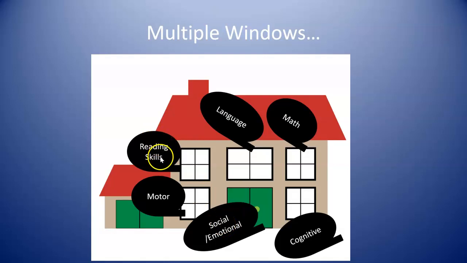But so is their reading, so is language skills, so are their math abilities, right? And so I need to be able to open up and look at each of these different windows or different areas or parts of what the child is learning and assess them in each of these different areas in order to get a big picture view of everything that's happening with the child.